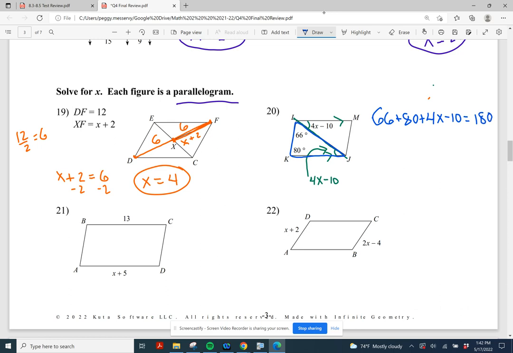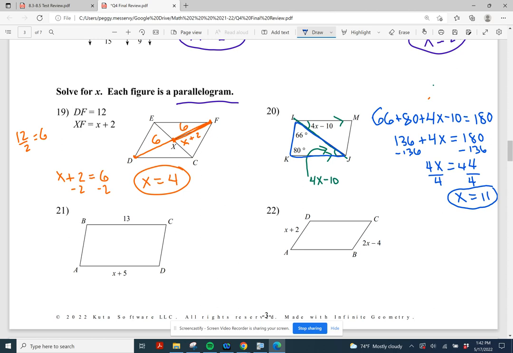All right, so let's combine the like terms. 66 plus 80 take away 10 is 136. Subtract 136 from both sides. We get 4x equals 44. Divide both sides by 4. We get the x has to equal 11, and we are finished.